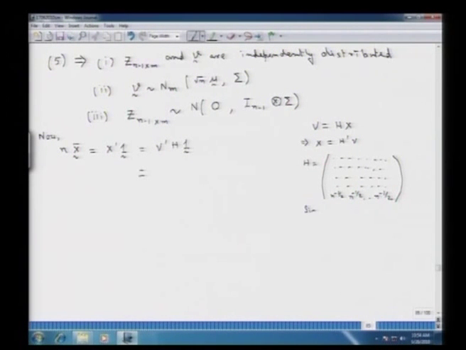So, since this H is orthogonal, the first n minus 1 rows of H are orthogonal to this 1 vector belonging to R to the power n, right.